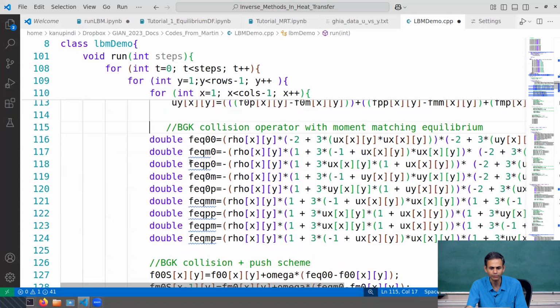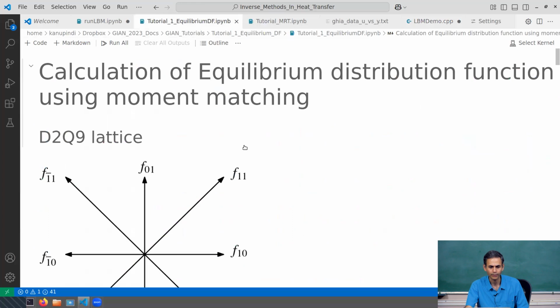For example, I have used F equilibrium 0 0, and F equilibrium M0 stands for minus 1 0, F equilibrium P0 stands for plus 1 0. So these are all actually coming from your lattice directions. I use this Jupyter notebook to explain some of the equations and some of the diagrams we have, okay.